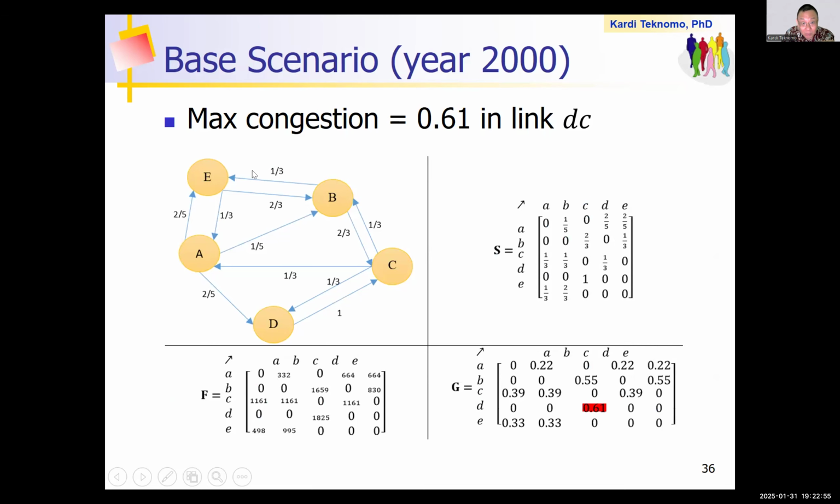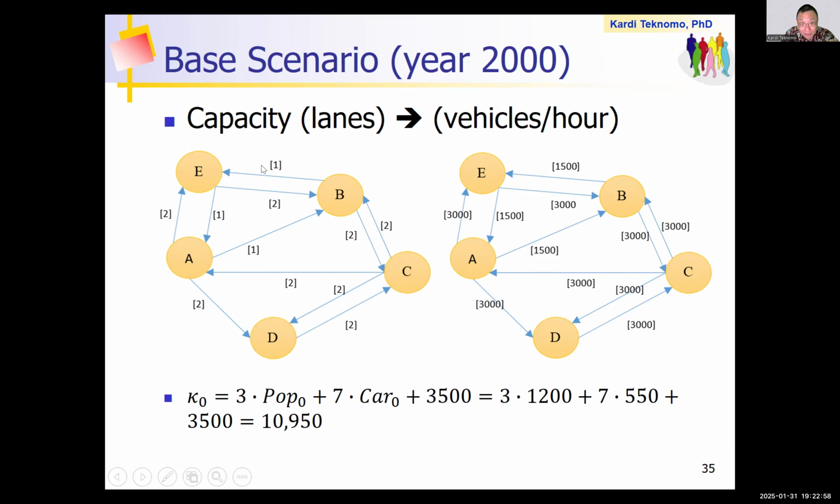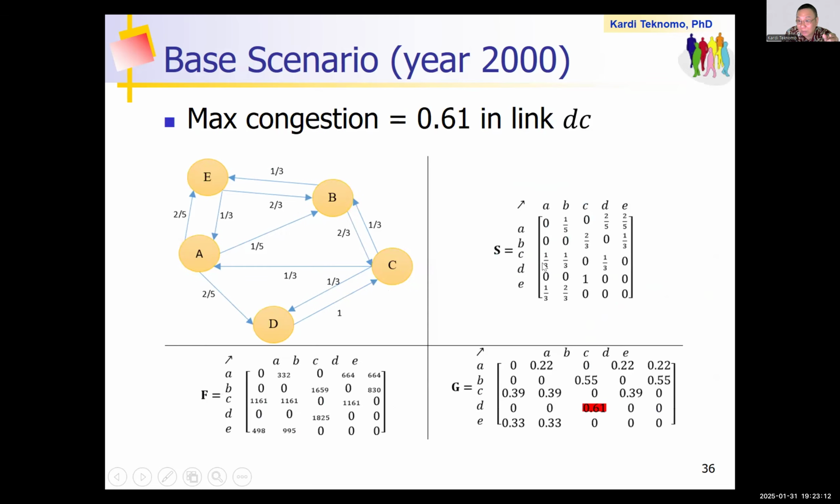So because you know the capacity, then you can assume this is 1/3, right? 1 lane going out from E, yeah? 1 lane going out and 2 lanes going out to B. So this is 1/3, this is 2/3, right? So that's the stochastic value here. Yeah, this is again an assumption. Yeah, if you don't like, you can change the model.